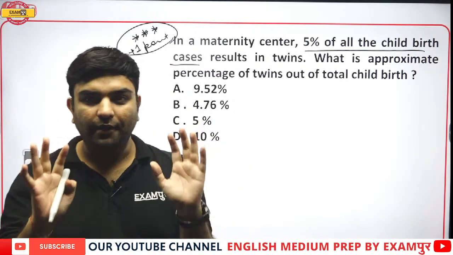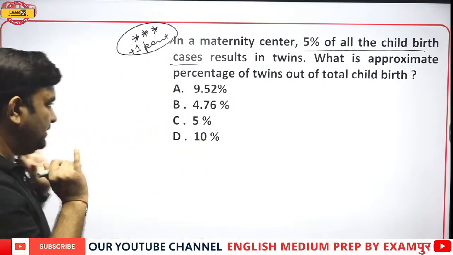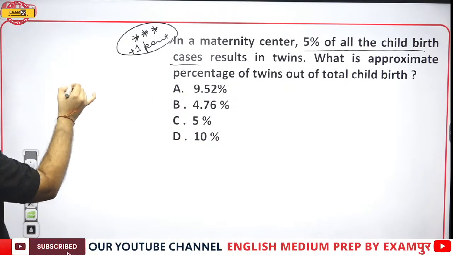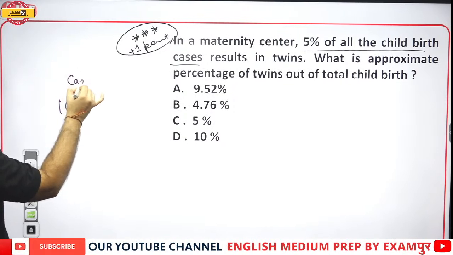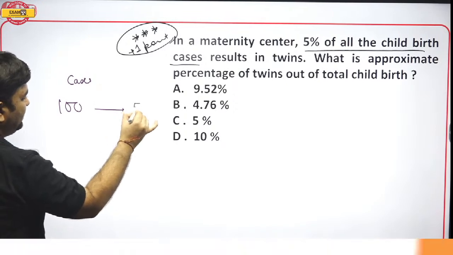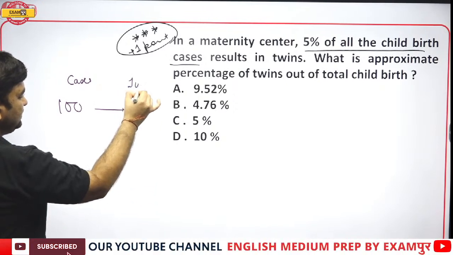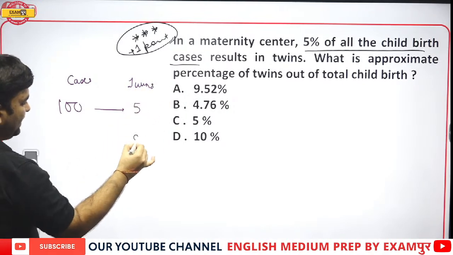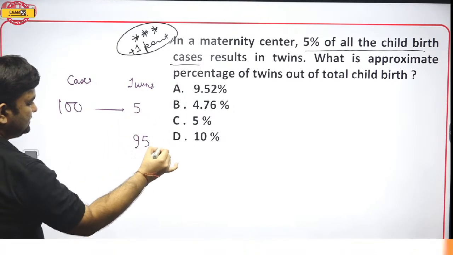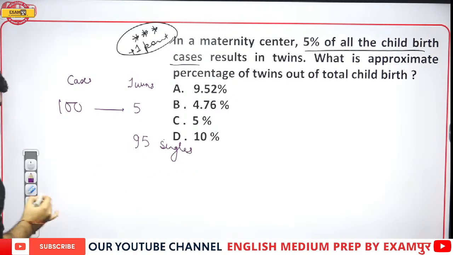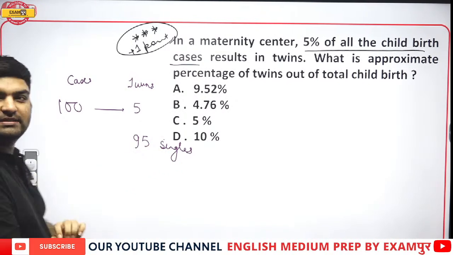So if there are 100 childbirth cases, I'm emphasizing the word cases, out of which 5 result in twins and 95 result in singles.